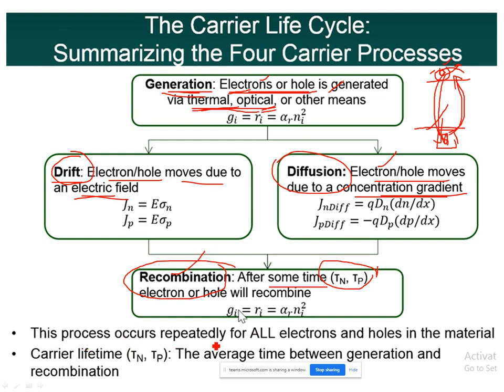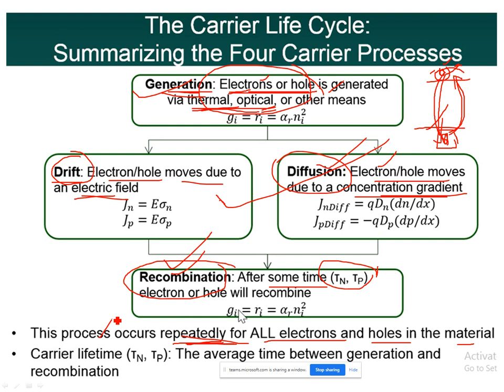This process occurs repeatedly, one after the other. There are so many electrons and so many holes, and all of them are doing these things only. Some are drifting, some are involved in diffusion current, some are being generated, some are being recombined. So this process is occurring repeatedly for all the electrons and holes in the material.